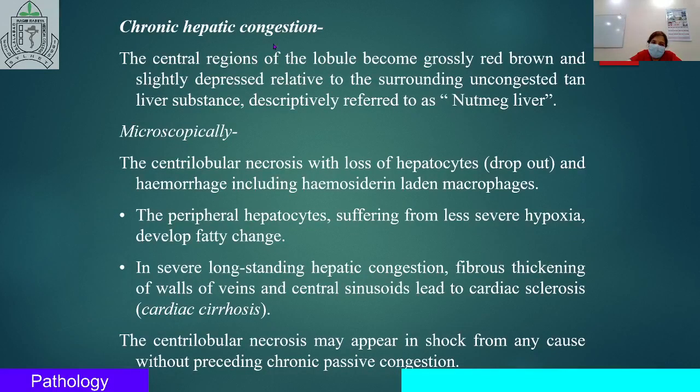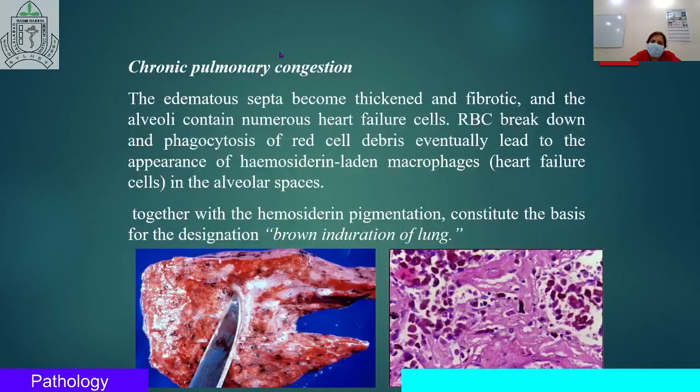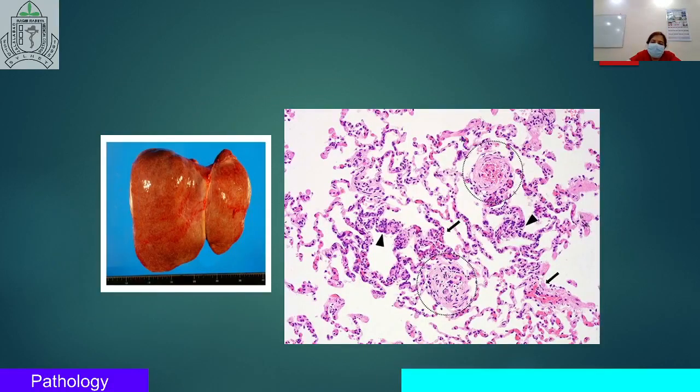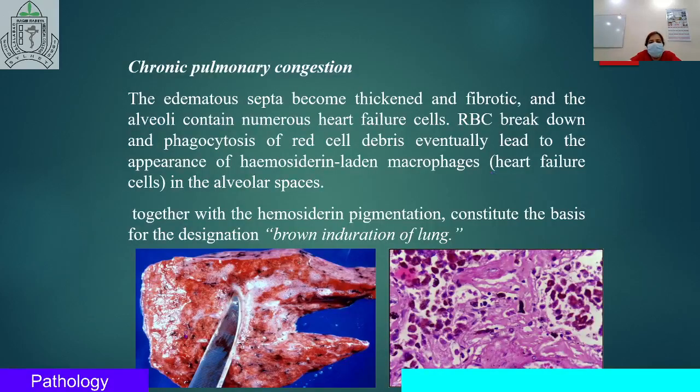In chronic pulmonary congestion, we know that in acute pulmonary congestion there are edematous septa and alveolar hemorrhage. In chronic congestion, there are fibrotic septa and heart failure cells.